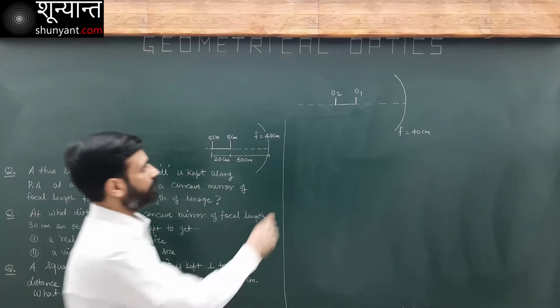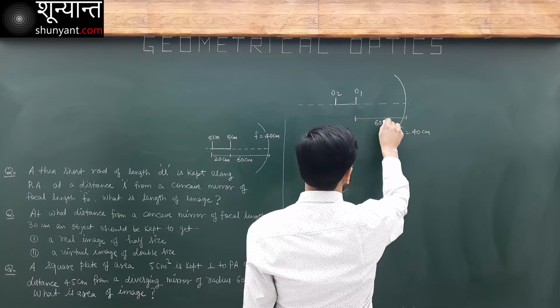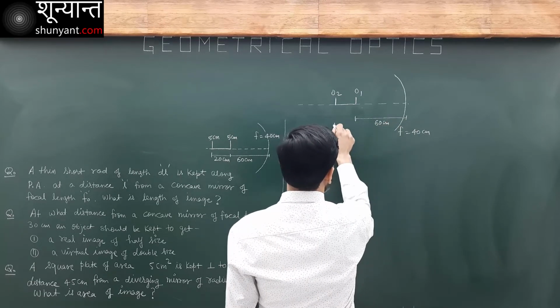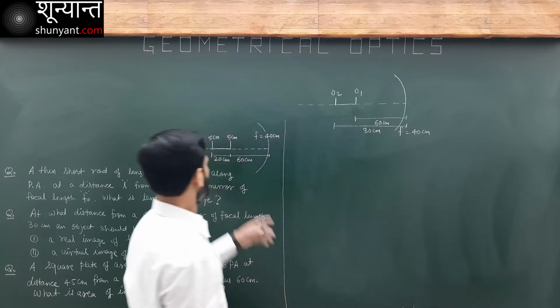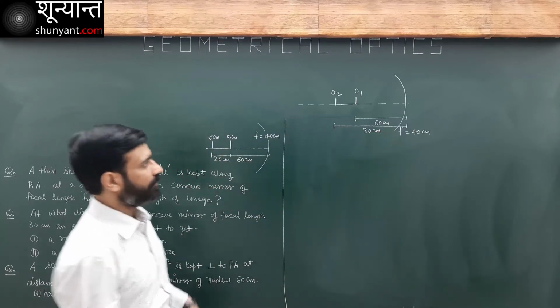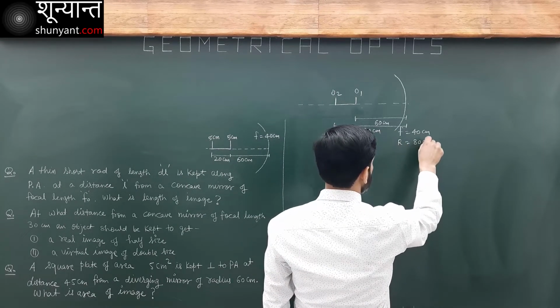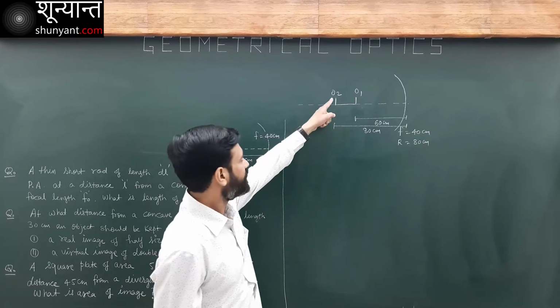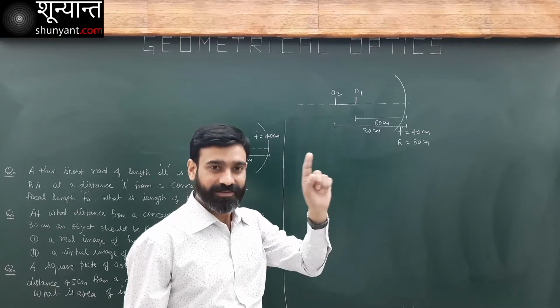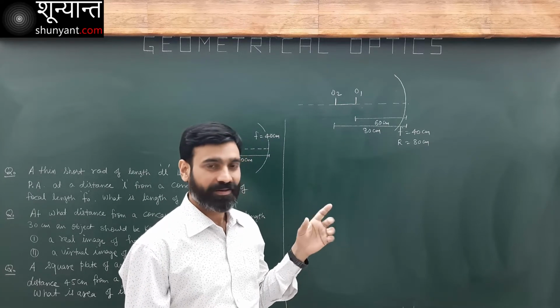Okay. What is the distance of O1? 60 centimeter. And this distance from here to here is 80 centimeter. 60, 20, 80. Focal length is 40. What is the radius? It is 80 centimeter. What does that mean? That means I have one object which is kept at the center. Where do I expect the image to be?